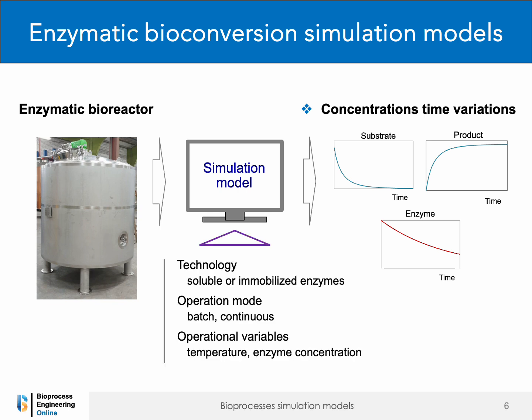Furthermore, these models are crafted to anticipate the impact on bioconversion kinetics resulting from various factors, such as the bioreactor technology employing either soluble or immobilized enzymes, the operational mode of the reactor, batch or continuous, and the two main operational variables, temperature and added enzyme concentration.